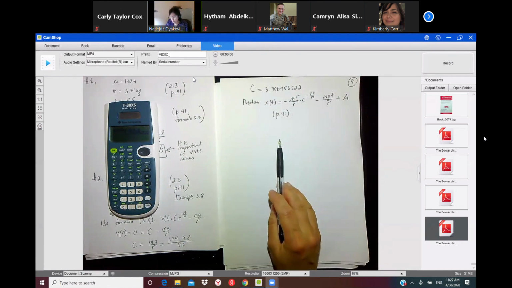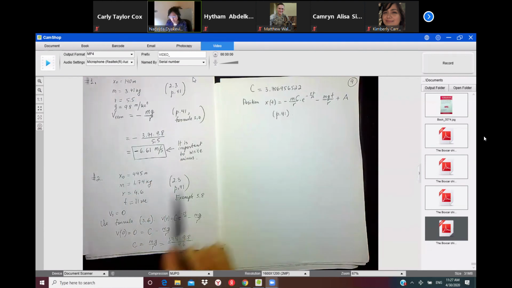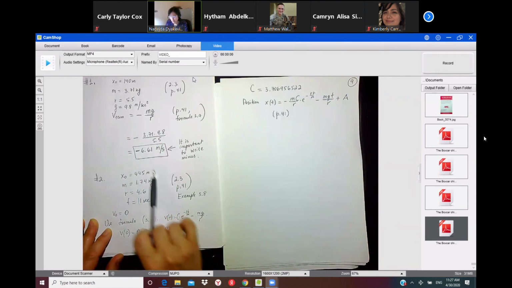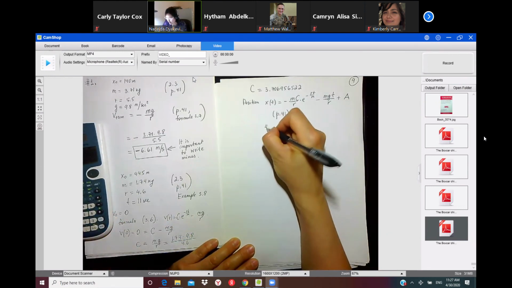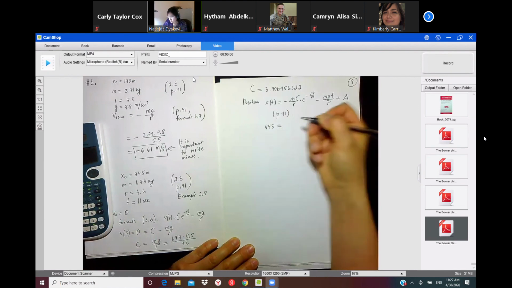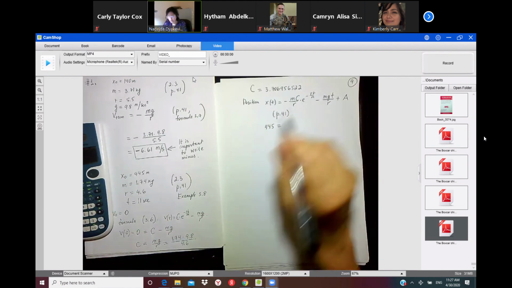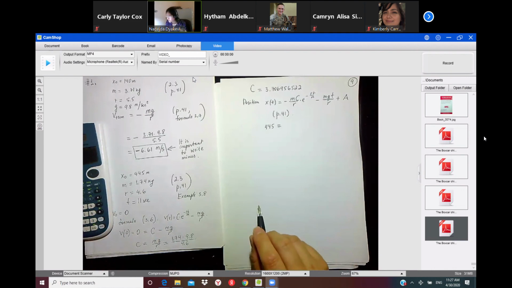And the next step is to use the initial position, right? The height of the building is given, 445 meters. We're going to use that. I plug in 445. Oh, I'm sorry, this is the wrong place to plug it.